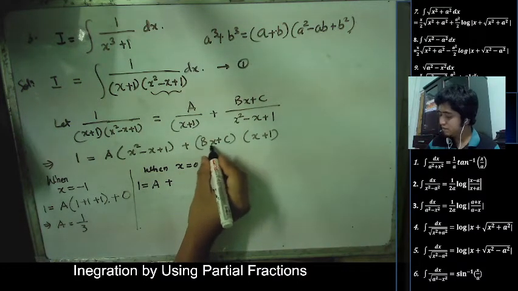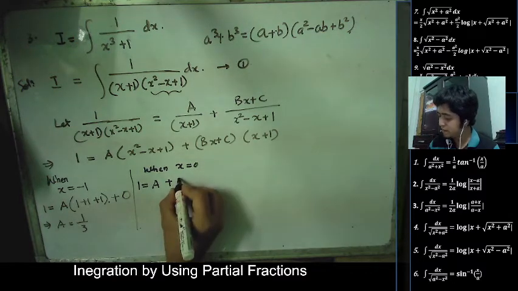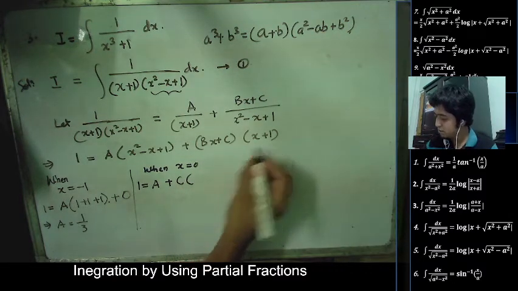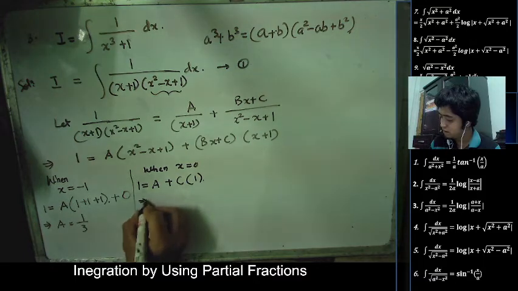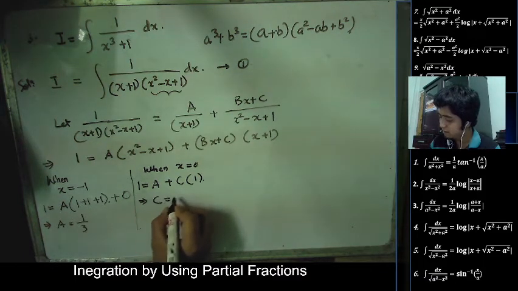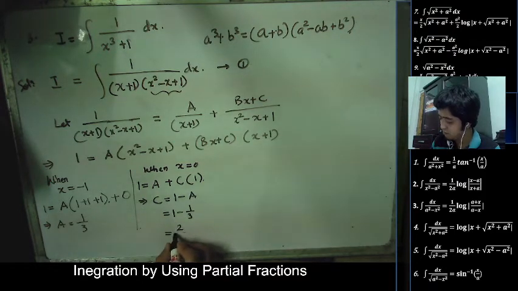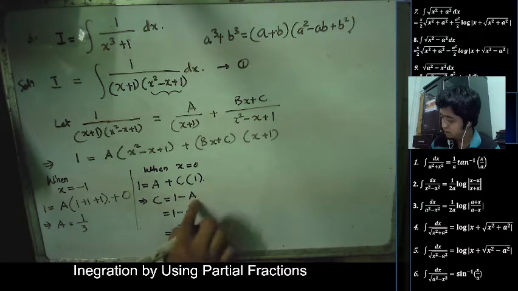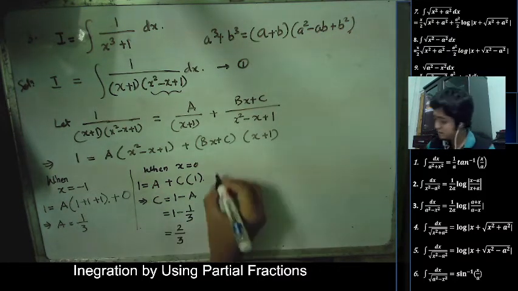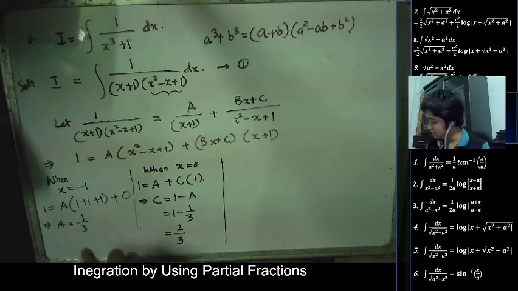B into 0 will give you 0, so you will only be having c. 0 plus 1 will give you 1. So c will be 1 minus a, 1 minus 1 by 3. So you'll be having 2 by 3. a is 1 by 3 from this first line.